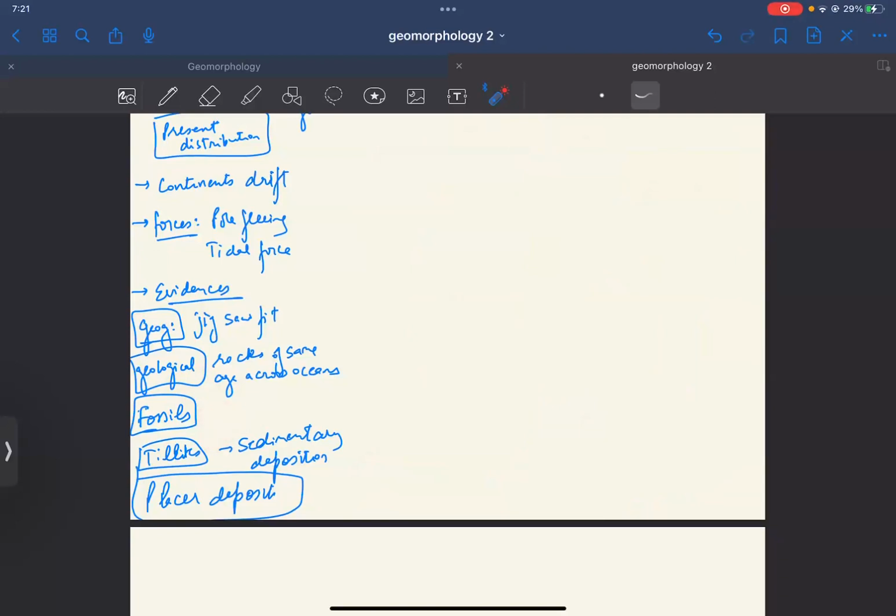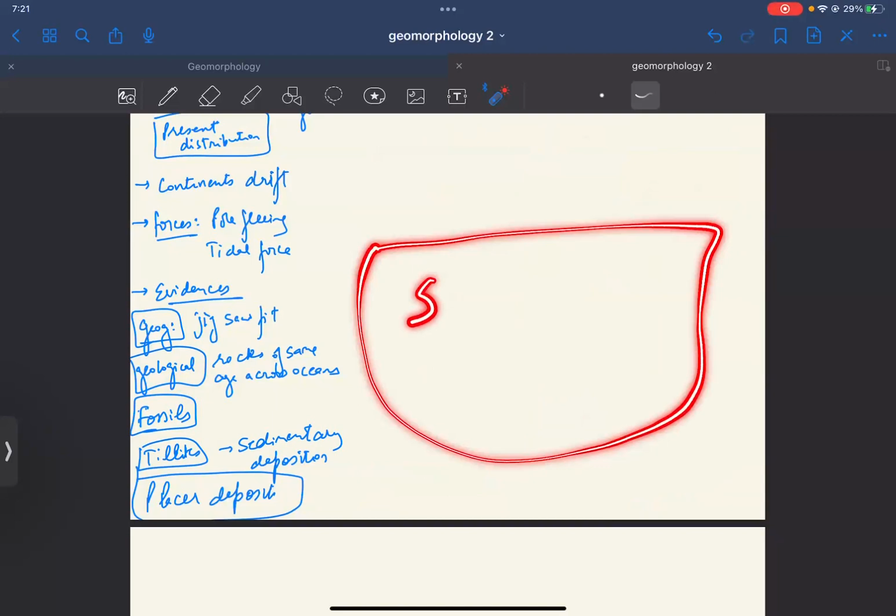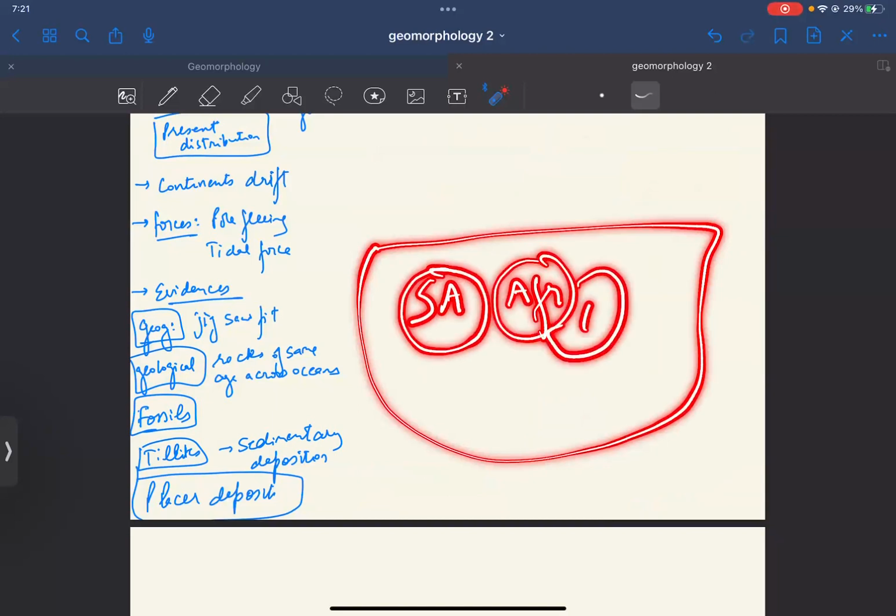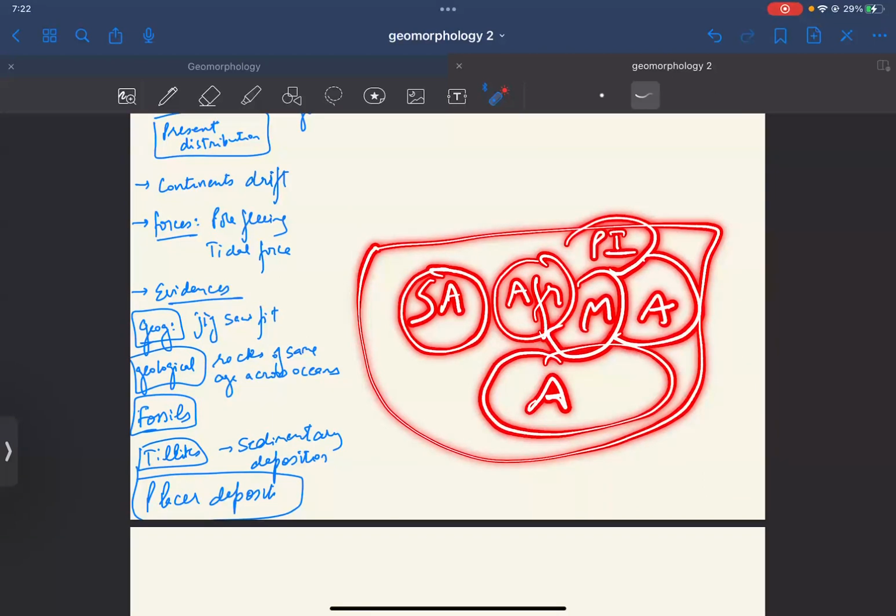It said in Gondwana land, which continents were there: South America, Africa, Madagascar, Peninsular India, Australia. Then we have Antarctica. So according to it, first of all, in all these regions there were glacier deposits, which are known as tillites. So how are glacier deposits present in all 6 regions?